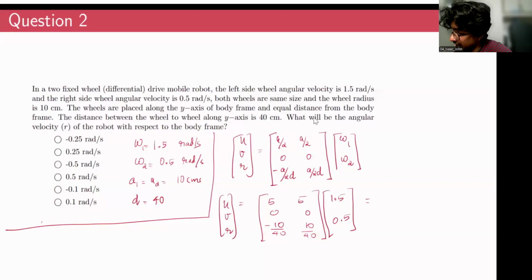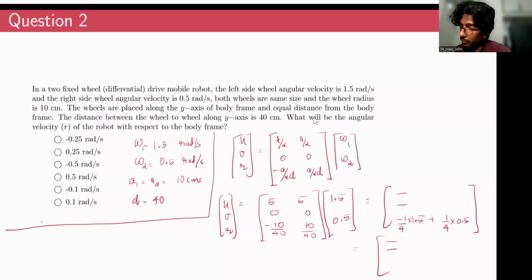But you are only interested in the third entry, so you don't really have to bother about the first two entries. The third entry is minus 10 by 40, or minus 1 by 4, into 1.5 plus 1 by 4 into 0.5. So this would end up with some entries at the first two elements, and the third element would be minus 0.25 radians per second.